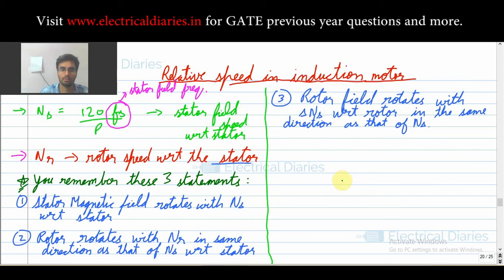See, this is your stator. Your stator field is moving, let us say, in this direction with Ns with respect to the stator. Now this is your rotor, and it is rotating with speed NR with respect to the stator.